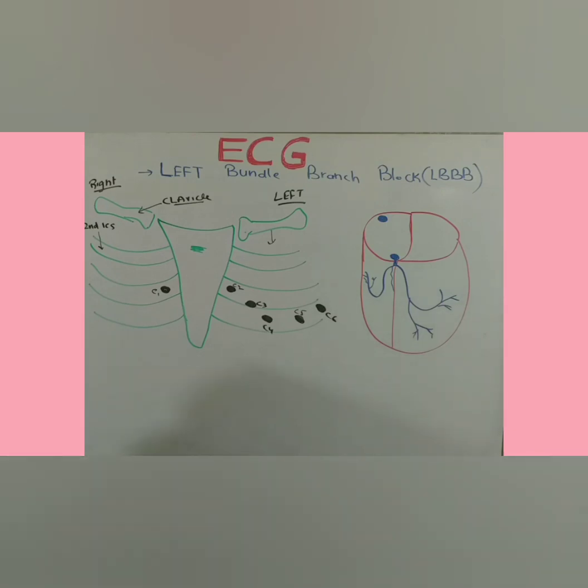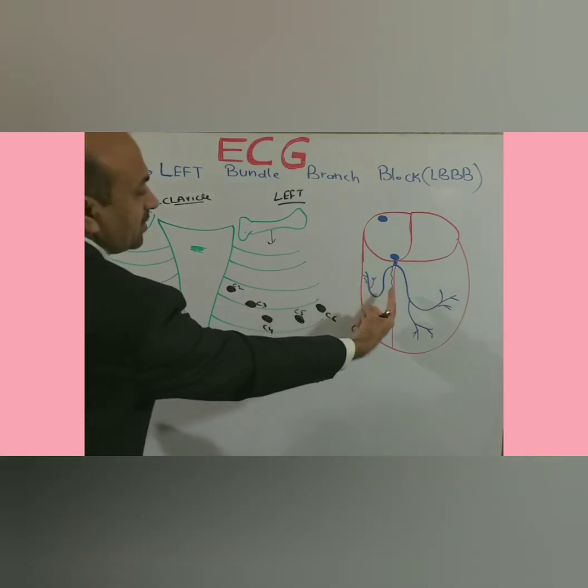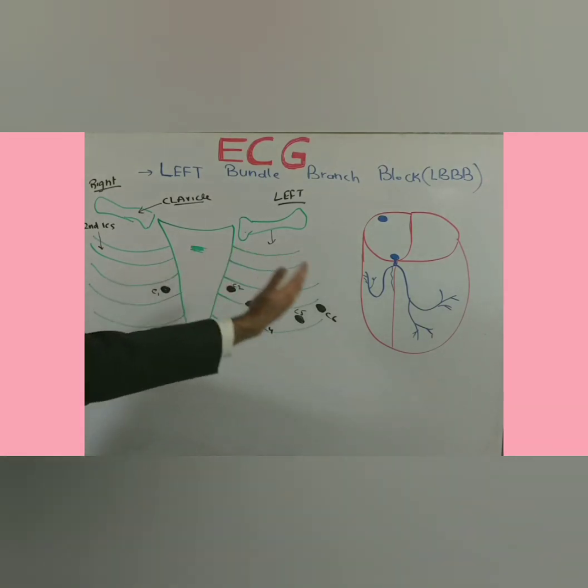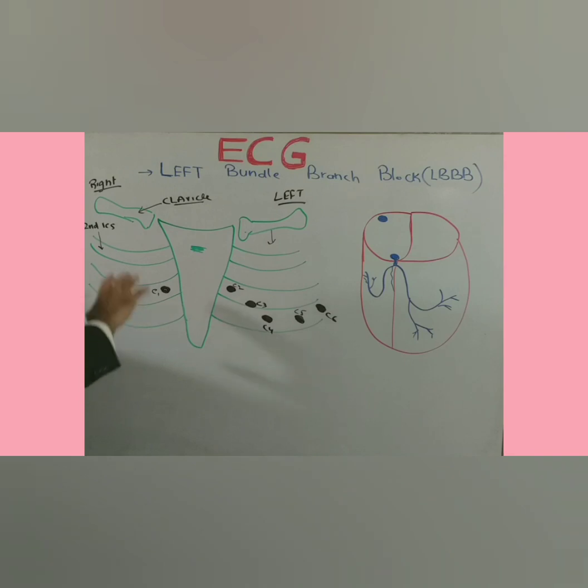In case of the right bundle branch block, the lead C1 was very important because C1 is located towards the right side of the chest. How we place the chest leads, let's revise it once more. This is the suprasternal notch, these are the clavicles, and this is right side, this is left side. If we come downwards from the suprasternal notch, this is the angle of Louis or manubrium sterni.